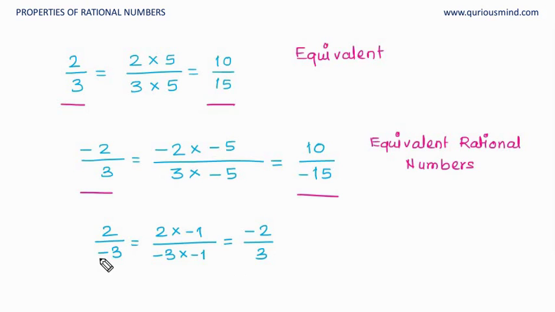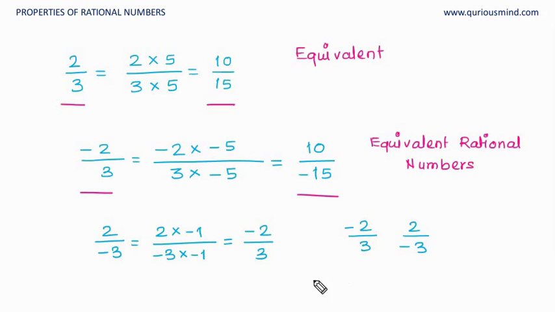If you see, this negative sign which was in the denominator has shifted to the numerator, and they are both equivalent fractions. Their value is not changed, and that's the reason we saw minus 2 upon 3 and 2 upon minus 3 both were negative fractions.